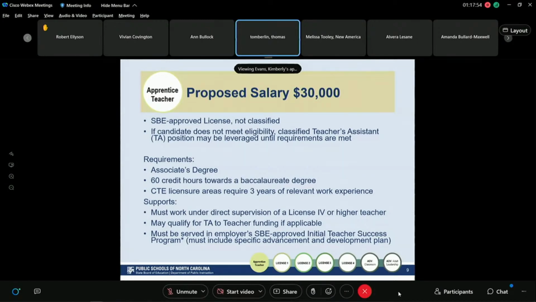I would like to say something about that. As the guy who receives countless calls from folks, I would be concerned about being overly restrictive in this area, because once this is in policy, that you have to have this or you have to have this, and it has to be this configuration, then we're going to get a million calls from a million LEAs saying, hey, but wait a minute, this person is great.